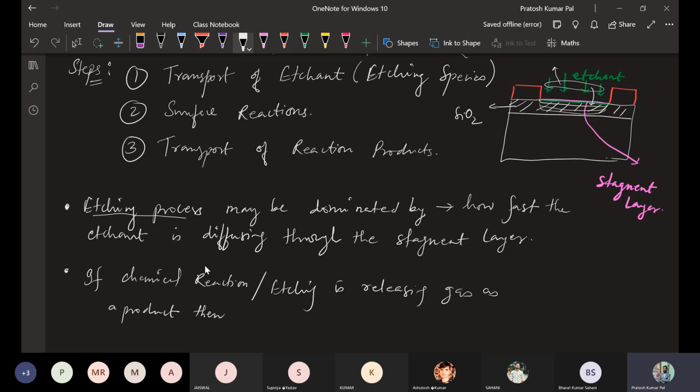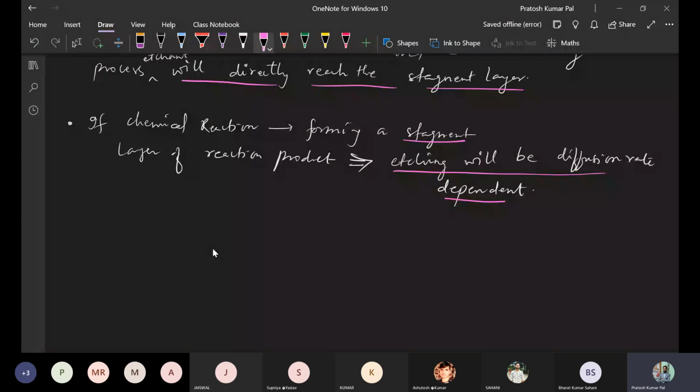Okay, so if after the reaction it has a stagnant layer, then your etching will be dependent on the diffusion rate. So how fast this etchant is going to diffuse to the SiO2 layer, that will define your etching process.